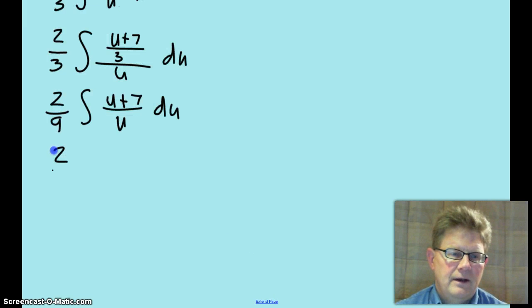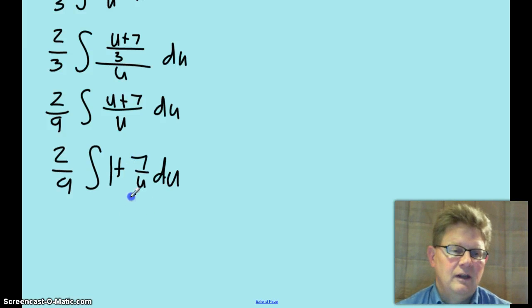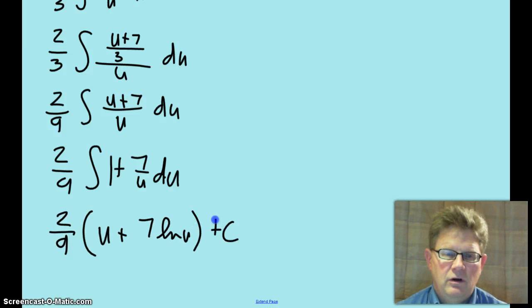Let's separate that up. 2/9 times the integral of 1 plus 7 over u du. There, finally we've got it in a form where we can take the antiderivative. 2/9 times u plus 7 ln of u plus an arbitrary constant.